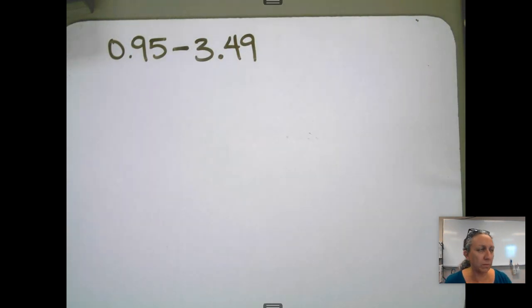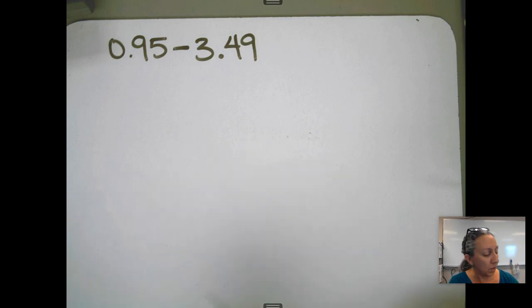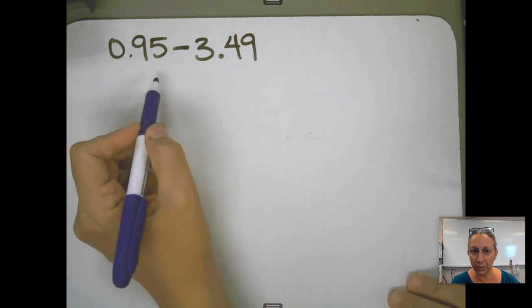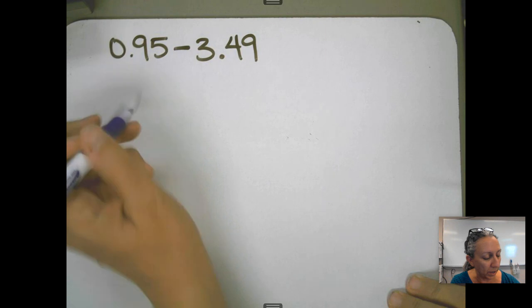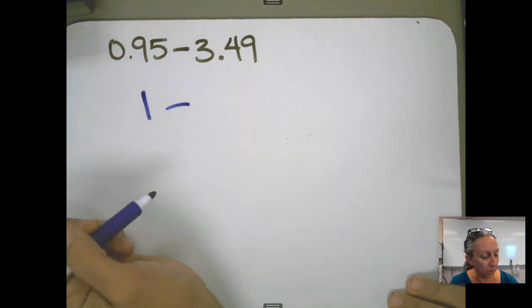So there's a couple of different ways to think about this. One way is to think that when you are subtracting, you're simply taking the distance between two numbers. Another one would be to consider a simpler example. So this is kind of close to 1, right? 0.95. And this is, we'll just say it's kind of close to 3.